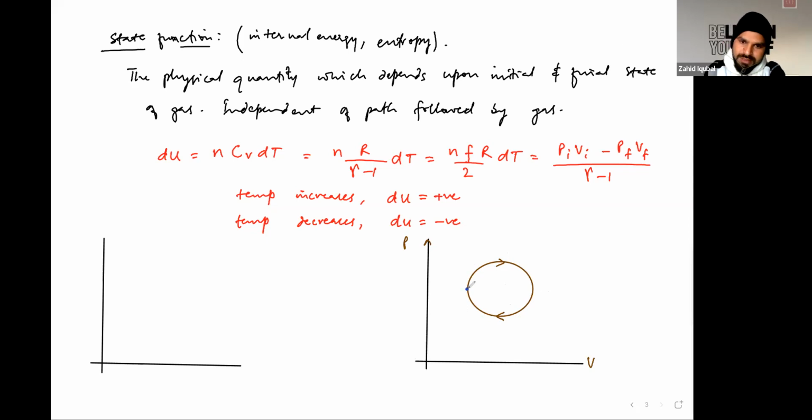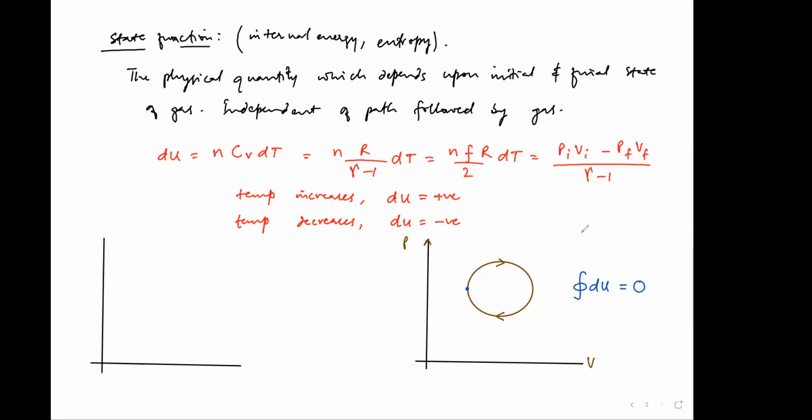Let's say this is the initial state. On complete roundup, you get this point to be the final state. Both initial and final points are the same, so the difference of these two terms will be 0. So change in internal energy for any closed path is equal to 0. Is it clear?